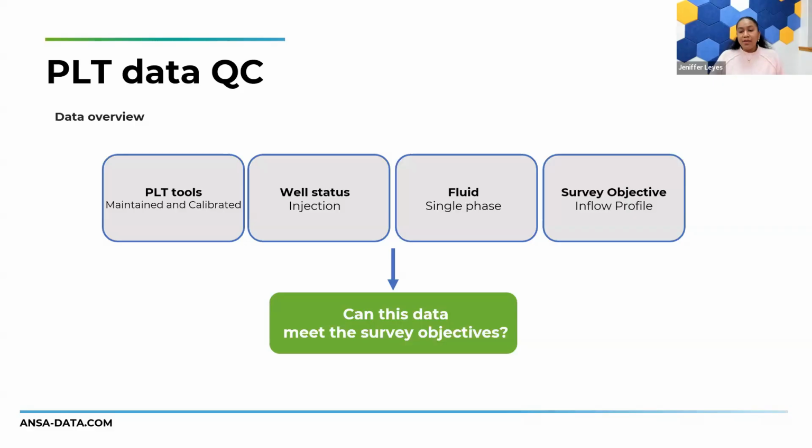With that in mind, I want to say that the assessment that we will do in here for all the measurements will be basically assessing whether this data is of good enough quality and suitable to achieve the survey objectives. With that in mind, I'm going to move to the data set that I want to show you first.